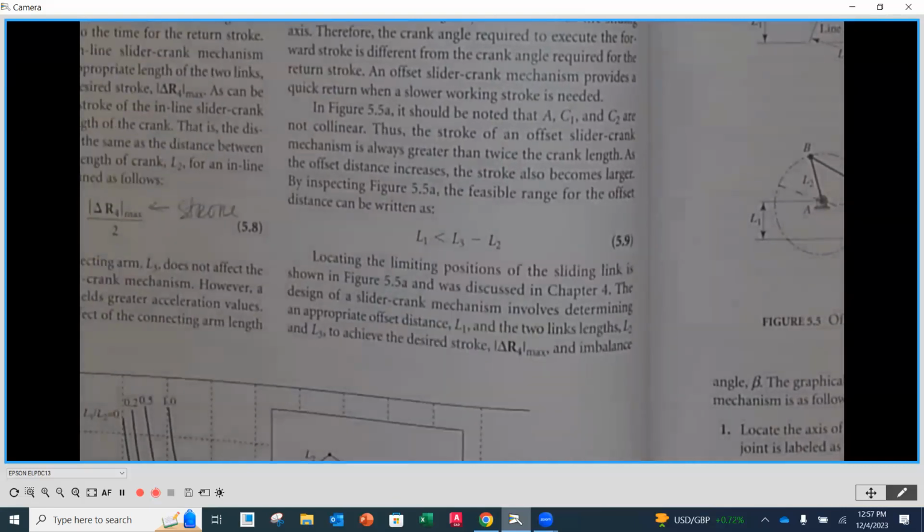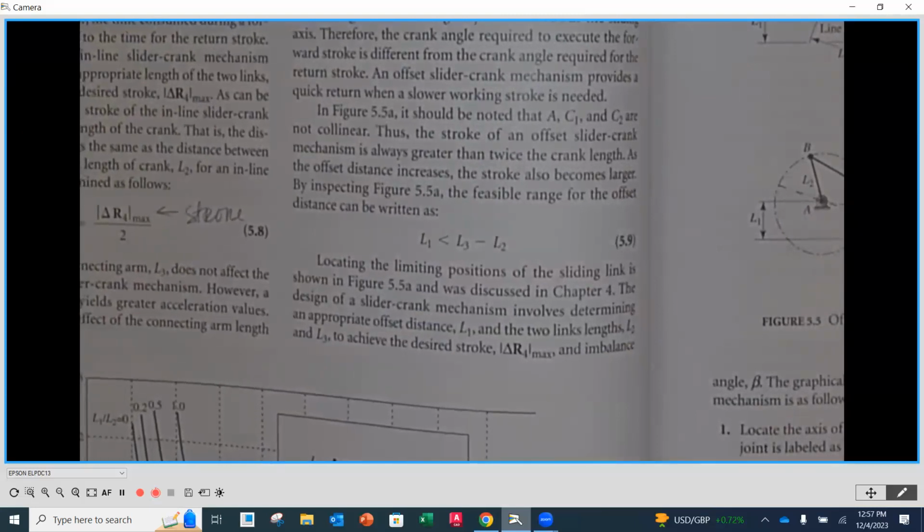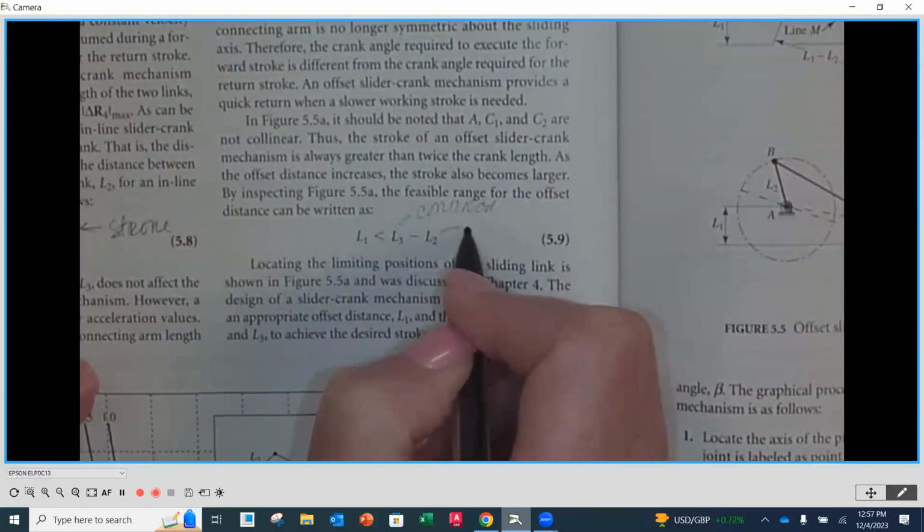Now, the length of that offset has to be within a range. It has to be less than the length of link number 3, which is our connecting rod, minus the length of the crank. So L3 is the connecting rod, L2 is the crank, and L1 is our offset.